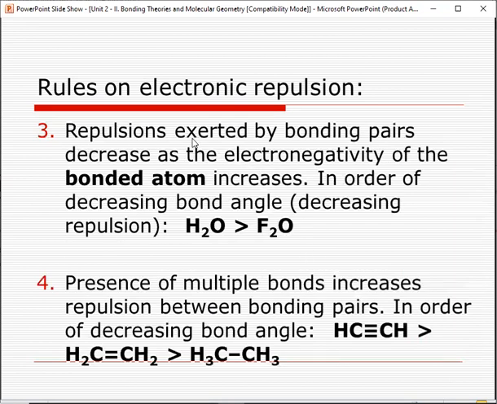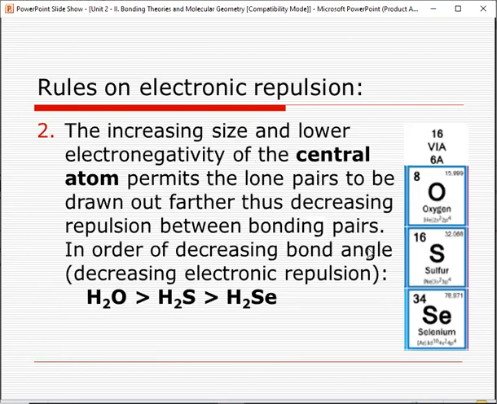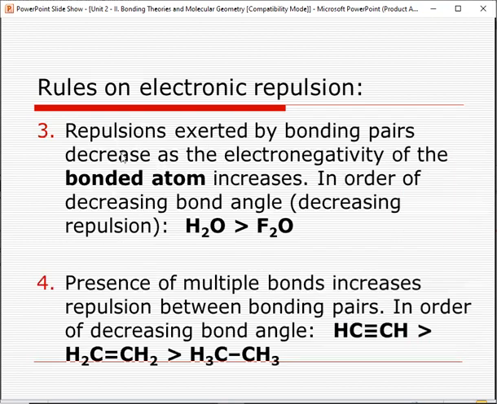Next, the repulsions exerted by bonding pairs decrease as the electronegativity of the bonded atom increases. The earlier one was about the central atom, but here it is for the bonded atoms or the outer atoms. The repulsion exerted by bonding pairs decreases as the electronegativity of the bonded atom increases. Fluorine is the most electronegative element.